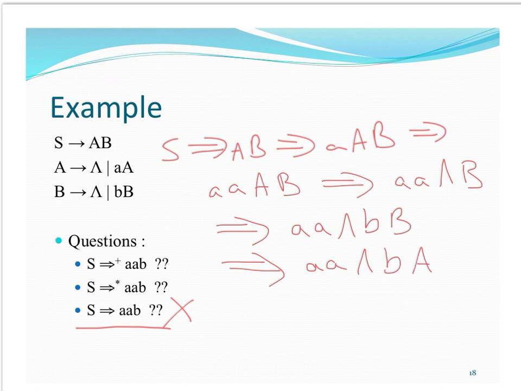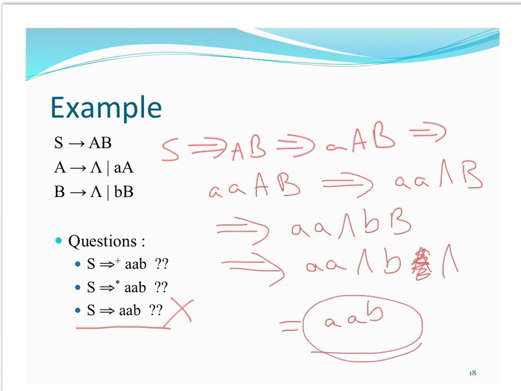Oops, that's supposed to be a lambda, right? And that is the same as little a b. So we can definitely derive little a b from S. We can do it in one or more steps, and we can actually do it in zero or more steps. It happens to be more, but zero or more is more. Okay.